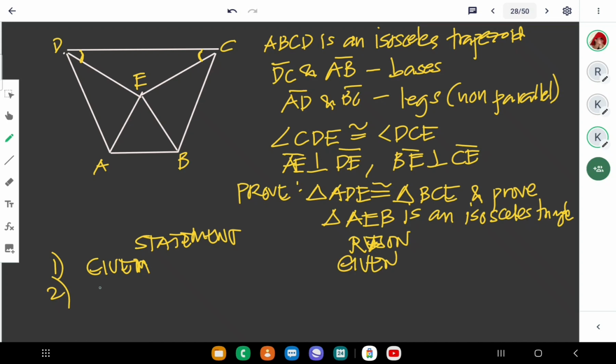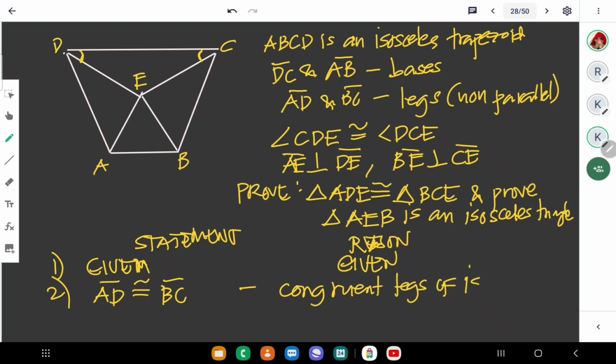Are the legs of an isosceles trapezoid congruent? From the properties of an isosceles trapezoid, we can say side AD is congruent to side BC. The reason: congruent legs of an isosceles trapezoid.